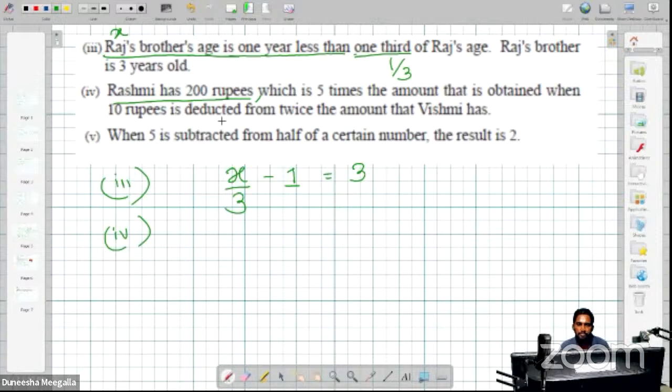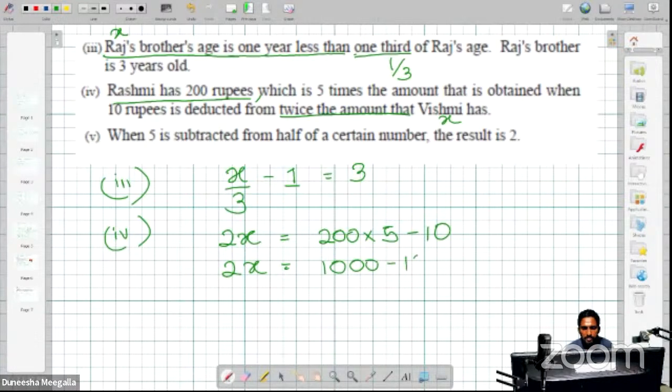Take the amount Vishmi has as x. Twice that is 2x. When 10 rupees is deducted from it. Okay, 200 is multiplied by 5 and minus 10. What is 2x equal to, 1000 minus 10. Okay.